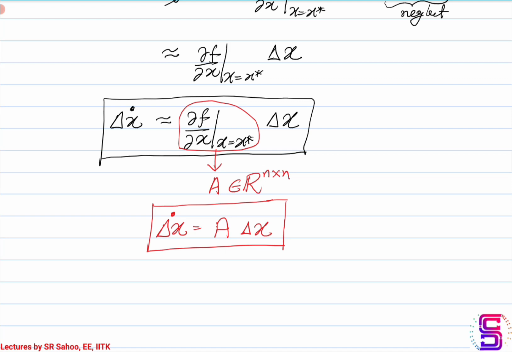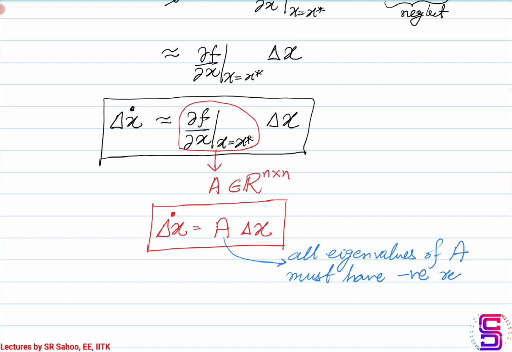That is when you will classify x star as a stable equilibrium point. Now if delta x has to go to 0, then what do you need? You need all eigenvalues of A must have negative real part.